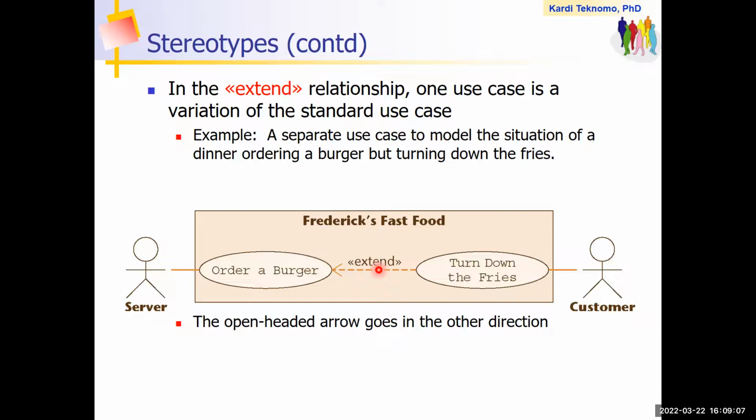For example, turn down the fries is one of the scenarios, right? So you need to include that. Without that, if the customer turns down the fries, they don't want to buy the fries, the system will say, oh, it's not possible. That's very funny, because your system does not allow people not to buy fries.